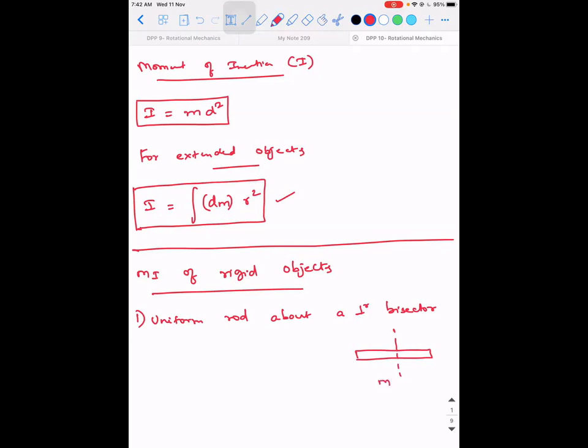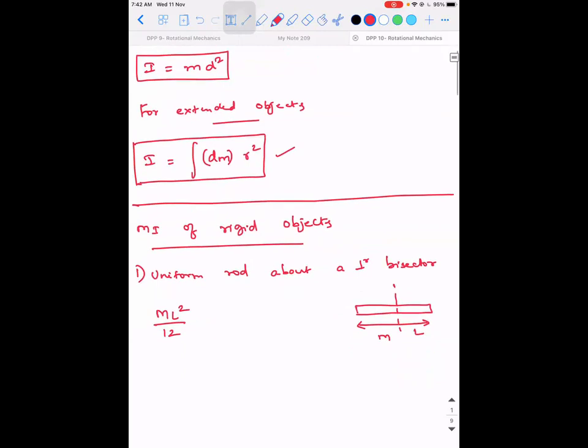If the mass of the object is m and the length of the rod is L, what is going to be the moment of inertia of it? It is ml square divided by 12. Anybody remembers this? I will show you the derivation for this part alone so that you can understand how to apply it in other problems also.